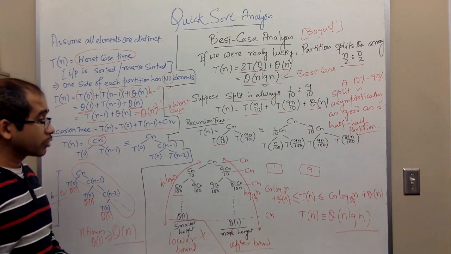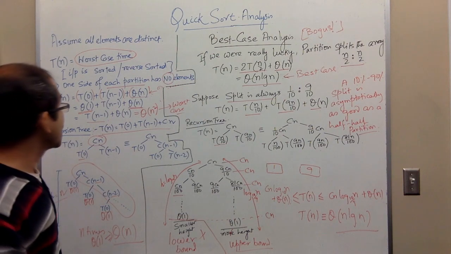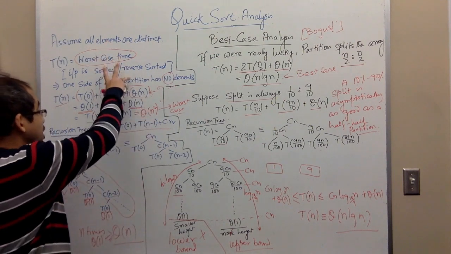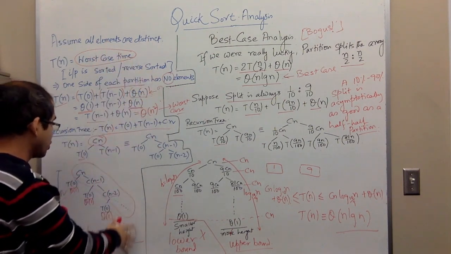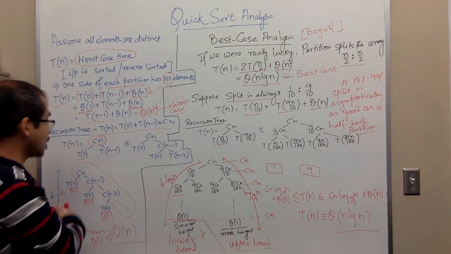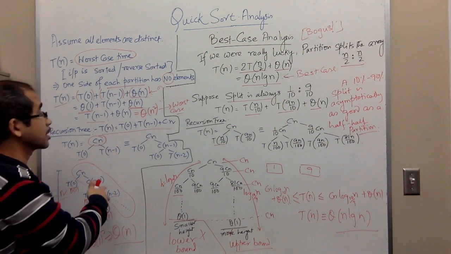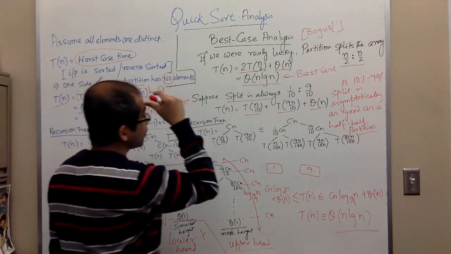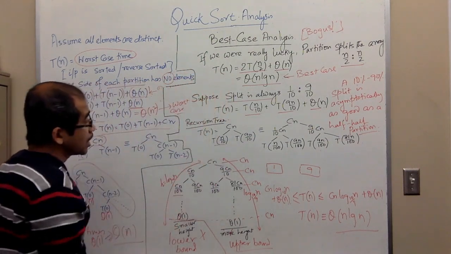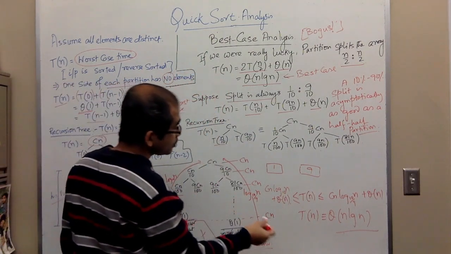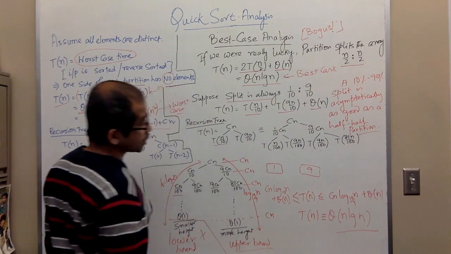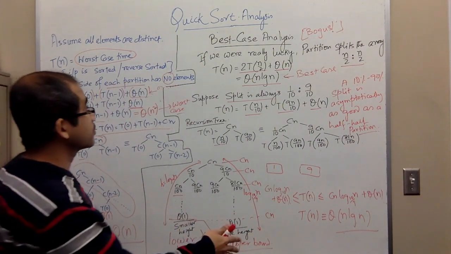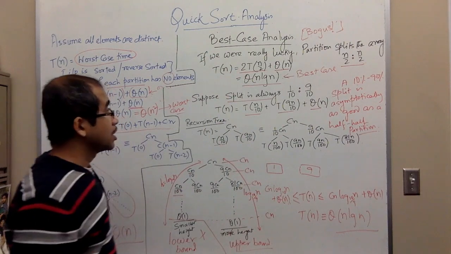I hope you understood quicksort. I have done the analysis of the worst case, and then I have shown you using a recursion tree how the analysis can be done. Then we showed the best case, just to give you an idea that even a very skewed average case gives results as good as the best case.